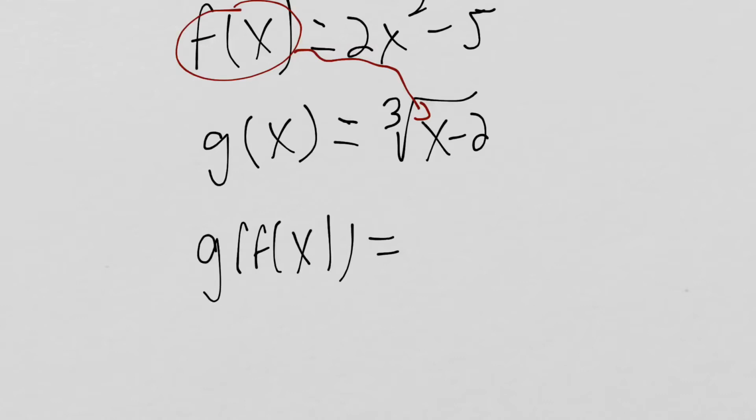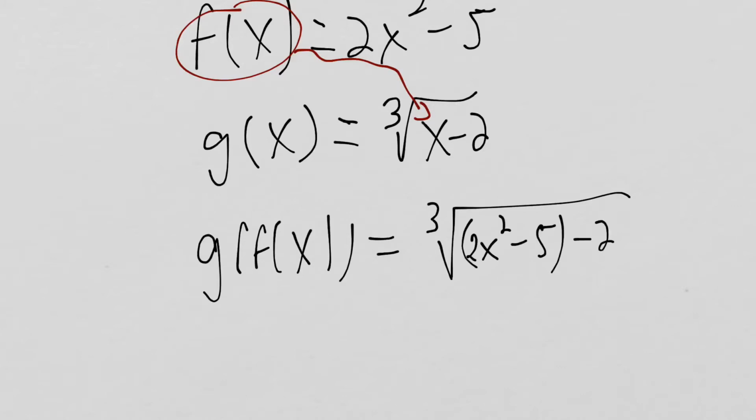So wherever we see an x value in the g of x function, we're just going to replace that with the entire f of x function. So instead of writing x, I'm going to write 2x squared minus 5, and then we still have the minus 2. So then our final composed function would just be the cube root of 2x squared minus 7, right?